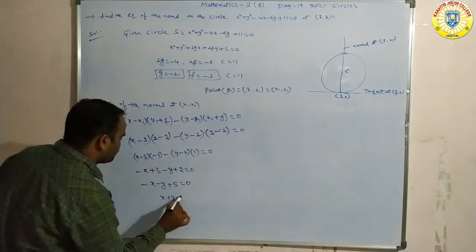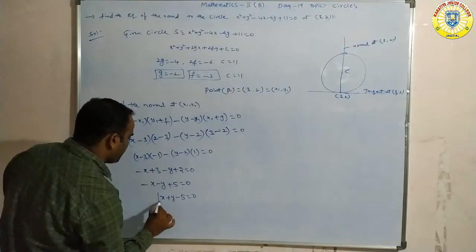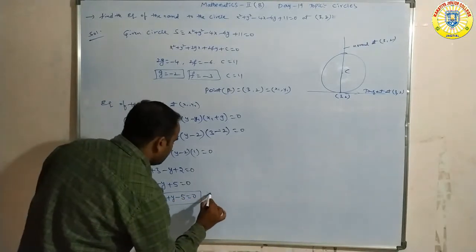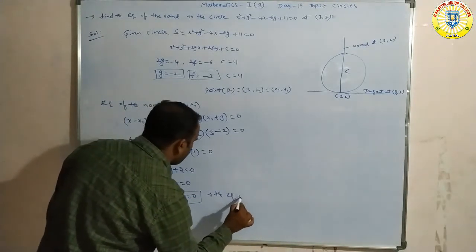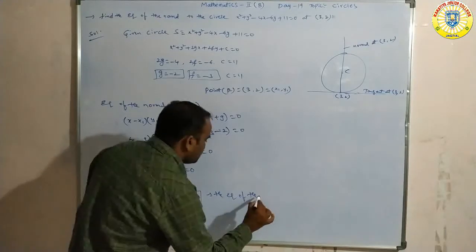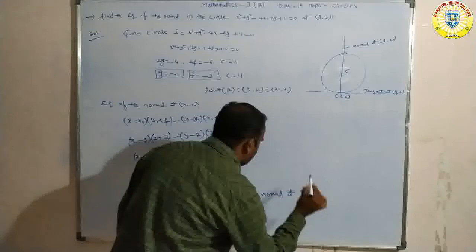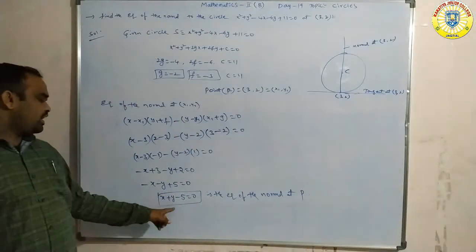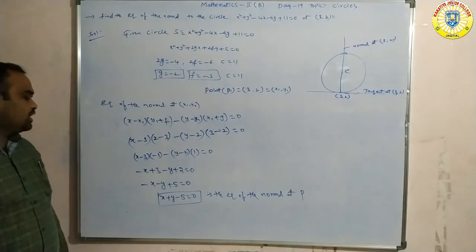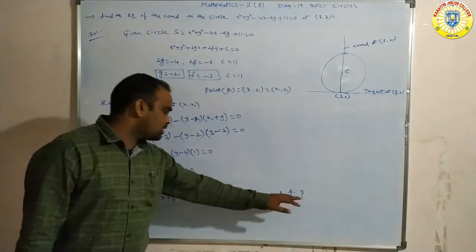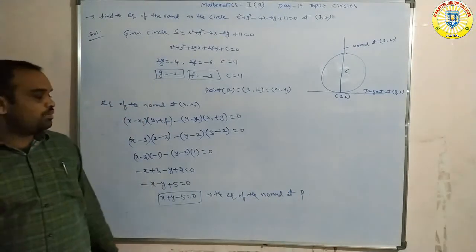Therefore, x plus y minus 5 is equal to 0 is the equation of the normal at the point P.